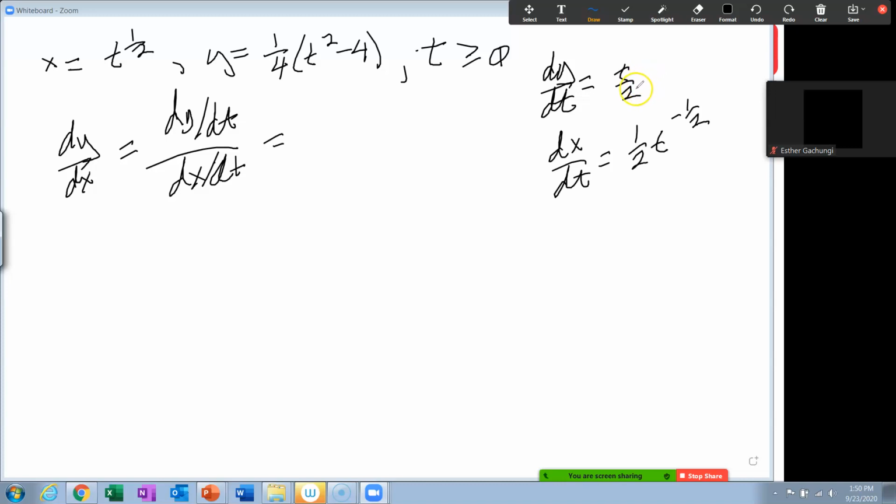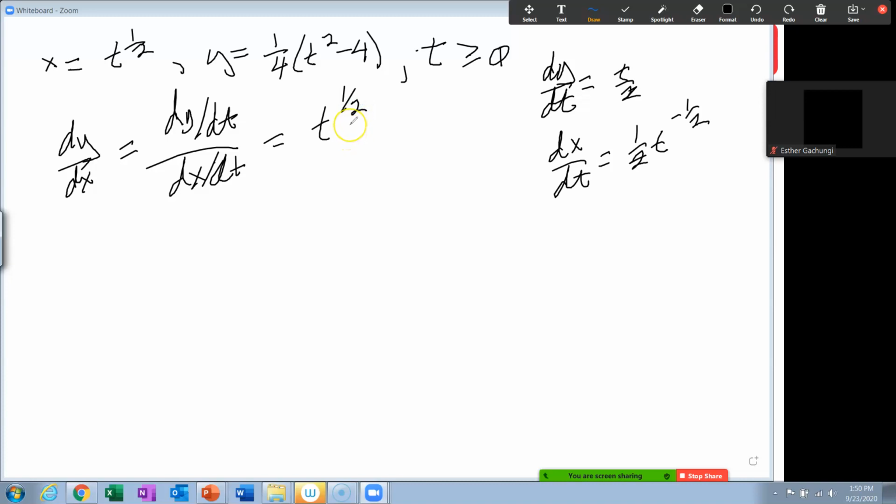So basically your 2's are going to cancel out. And that leaves you t over t to the 1/2, which is t to the 1/2.